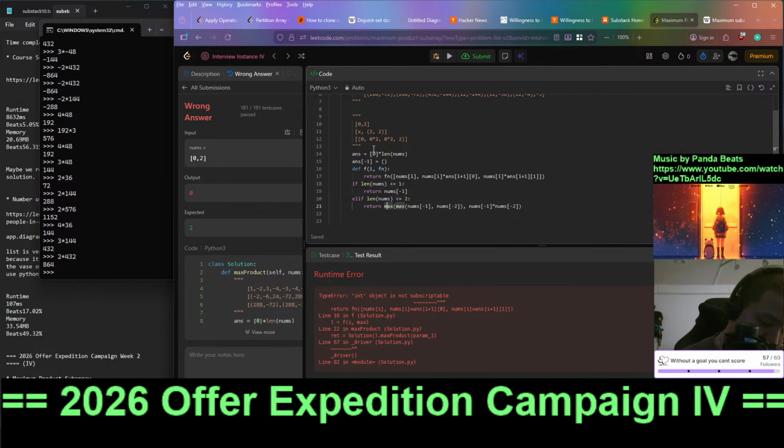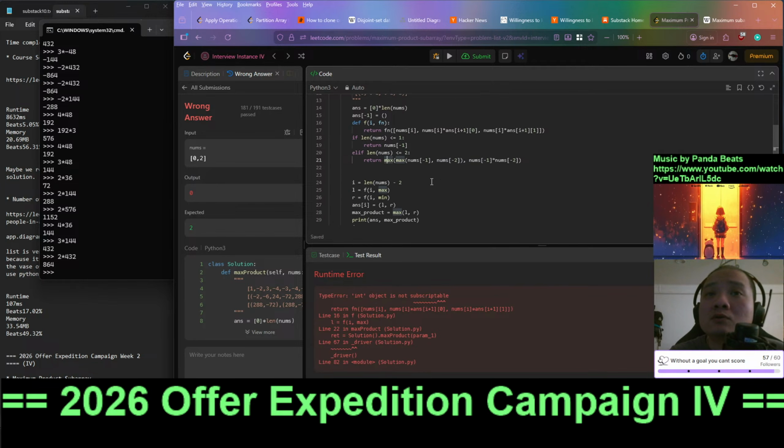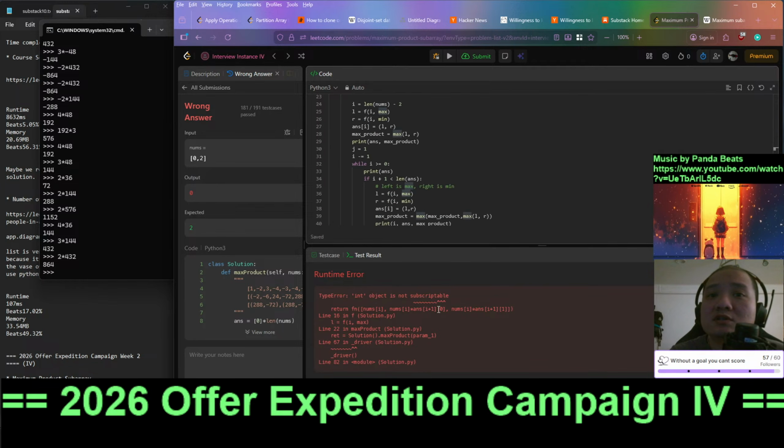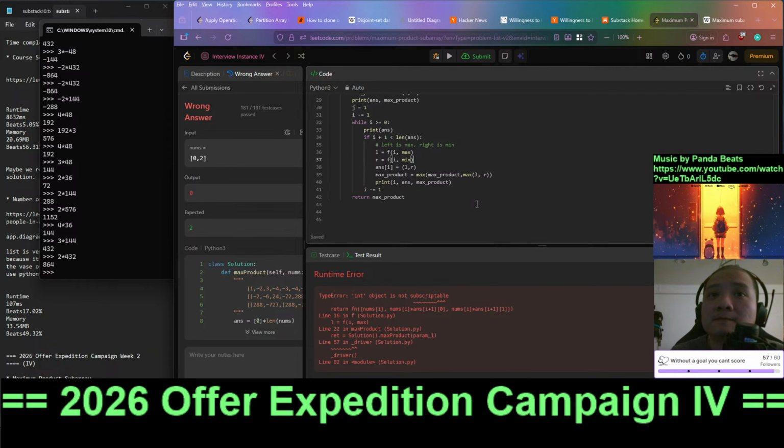So a multiplied by [I plus 1][0], or a multiplied by [I plus 1][1], right? So there's something that is wrong here, right?